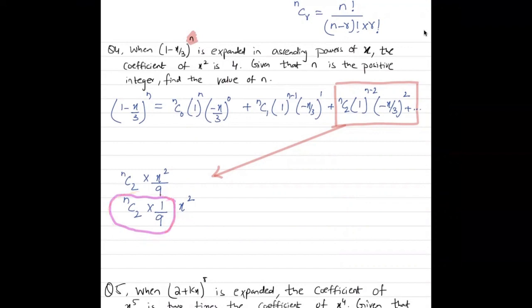Now, is the coefficient of x squared given in the question? Yes, it's 4. Would you agree that these two values are equal? Yeah, you would equate it to 4. So I'm going to equate nC2 multiplied by 1/9 with 4.